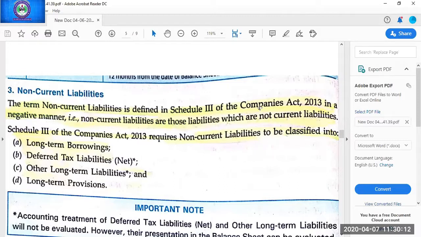Write down: share warrants give the holder right to acquire equity shares at a specified date and at a specified rate.